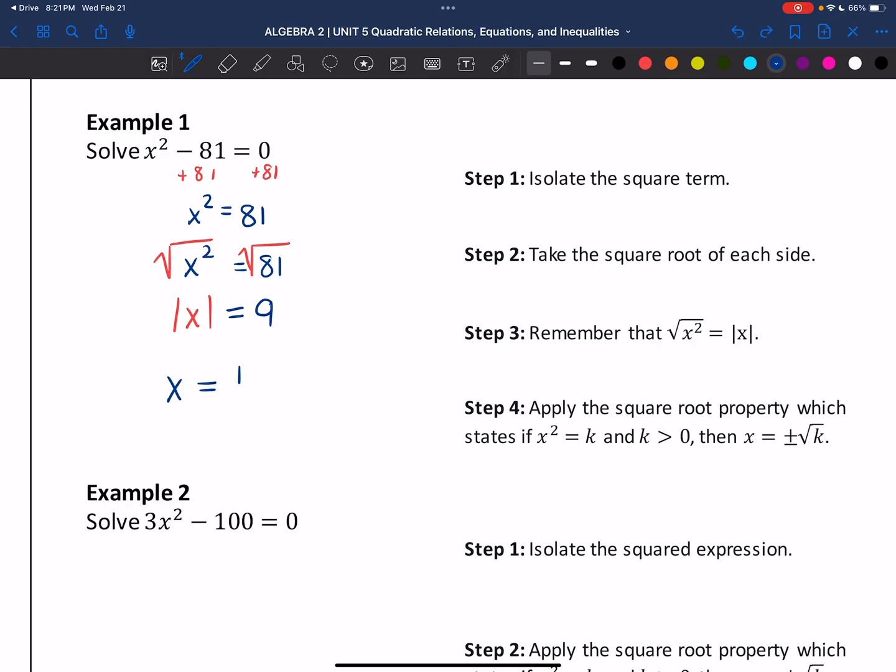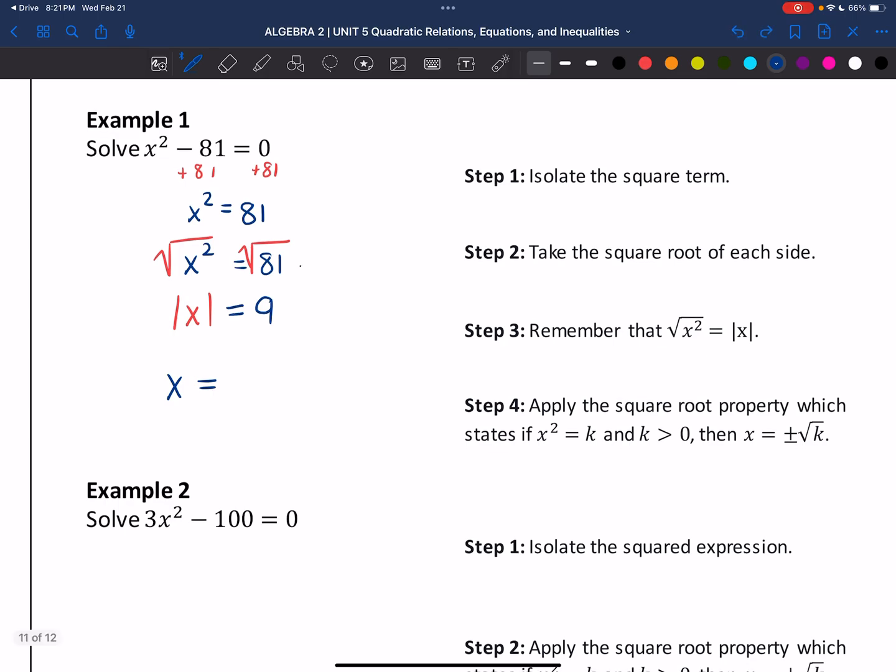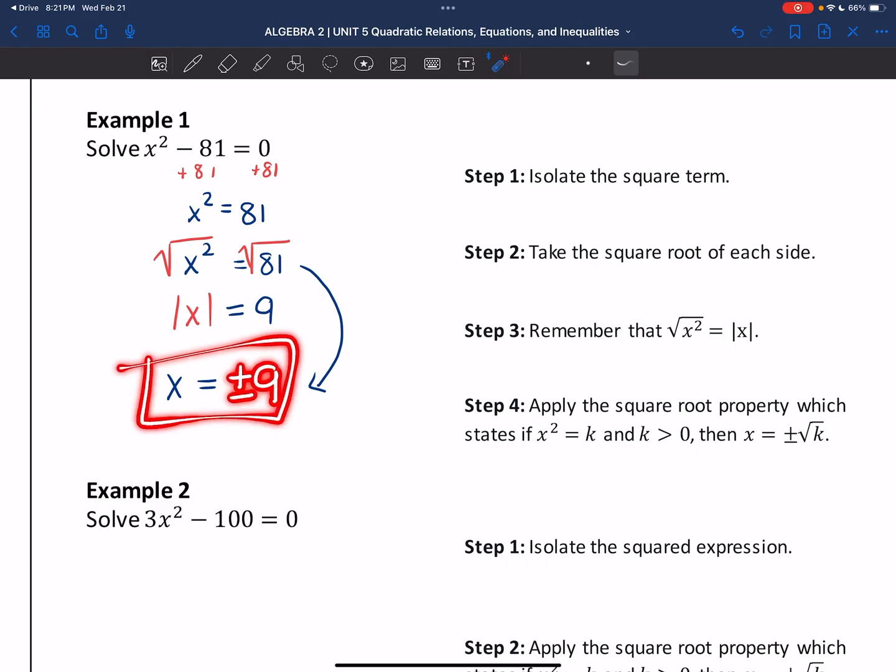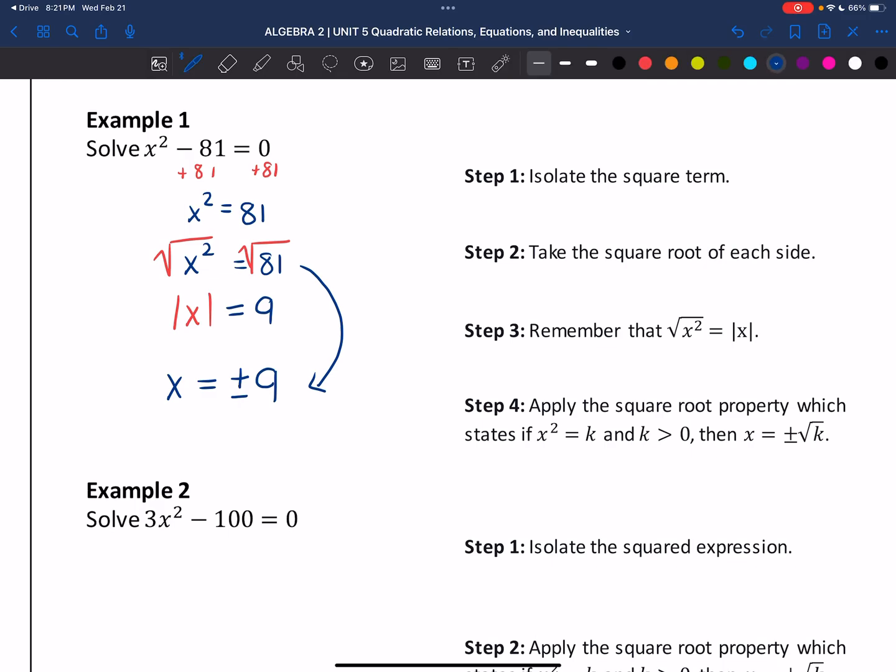So what we often will do is skip from here to here and say that the square root of 81 is both positive and negative 9. Catch that with me again. Positive and negative 9. This is how we write that we have those two values. That's going to be the notation that we use with that little positive and negative sign in front.